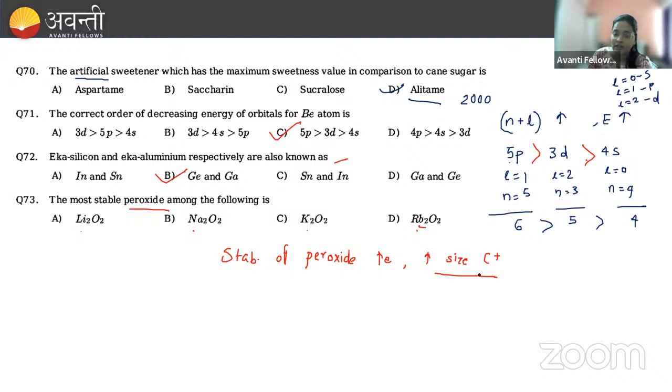When a large cation combines with a large anion, there will be a certain lattice energy which is going to affect the stability of a given peroxide. So the stability of peroxide increases as a bigger cation is present. Please remember this. So our answer will be option D. Size increases from A to D.